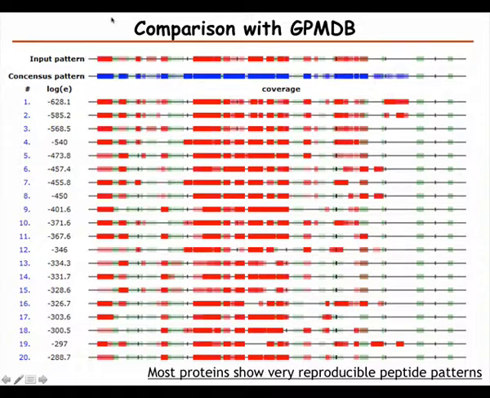So what one can see here is that if we compare our experiment to everyone else's experiment, so these are the 20 top experiments where this protein was seen, we can see that it's a very similar pattern. So we can of course be more confident that we have actually identified this protein if we see a similar pattern as other people do.